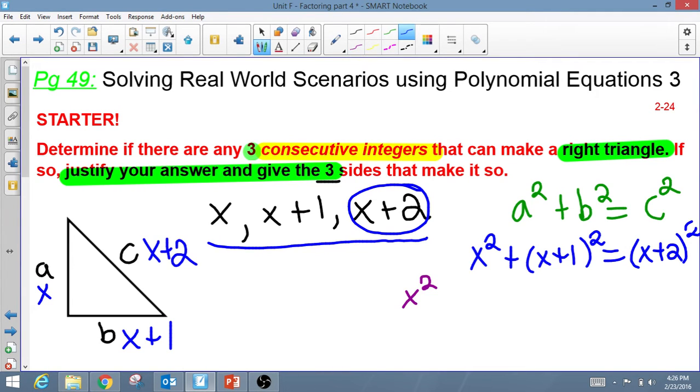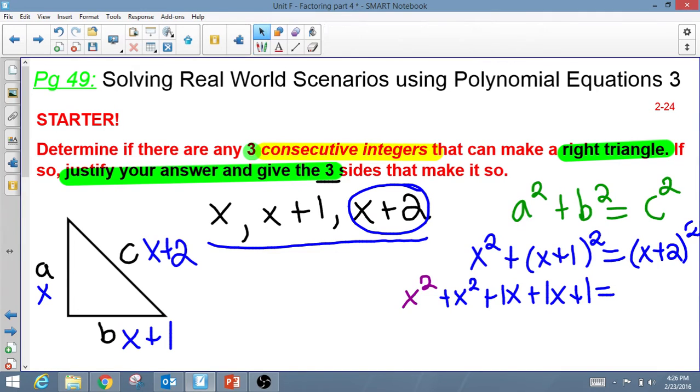And then we have x plus 1 times x plus 1. So we'll have x times x, which is x squared. We'll have x times 1, which is just 1x, times 1 and x. We have another 1x. And then 1 times 1 is 1.